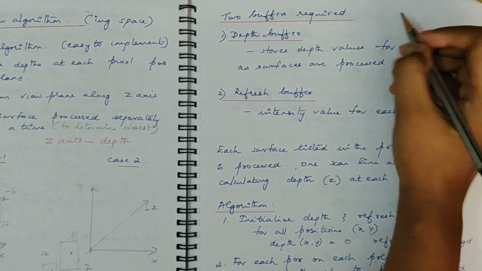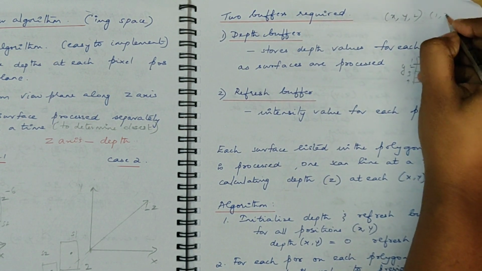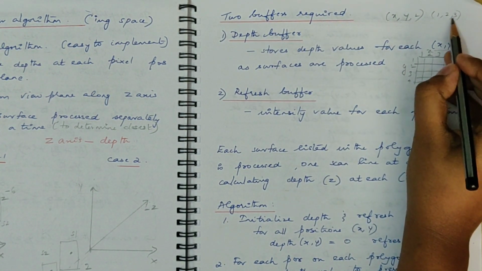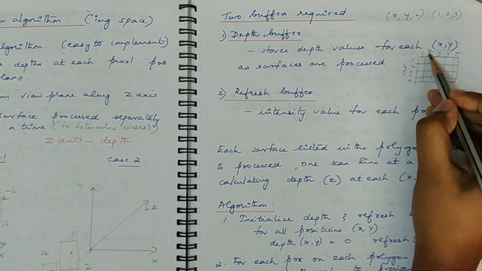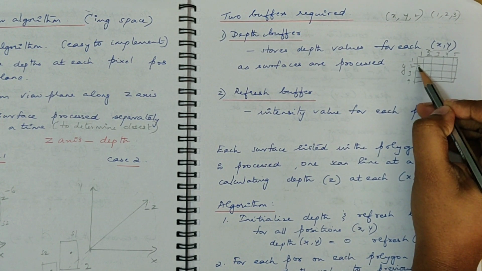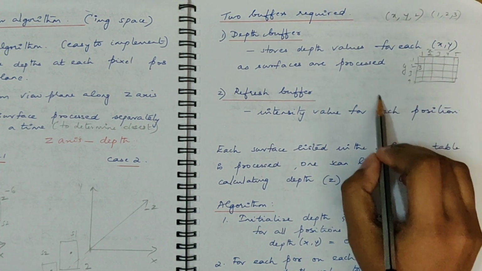Say for example, if I have a pixel position x y z as 1, 2 and 3, that is at pixel position x y equal to 1, 2, the z value is 3. So the z depth value 3 will be stored in this position of the depth buffer.